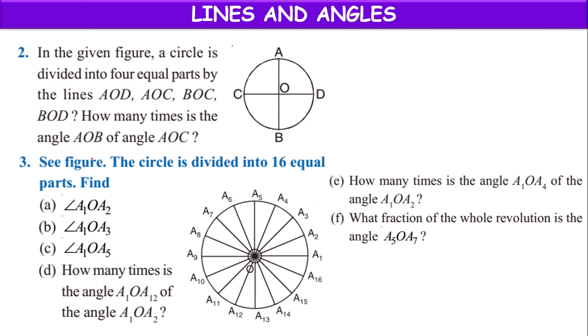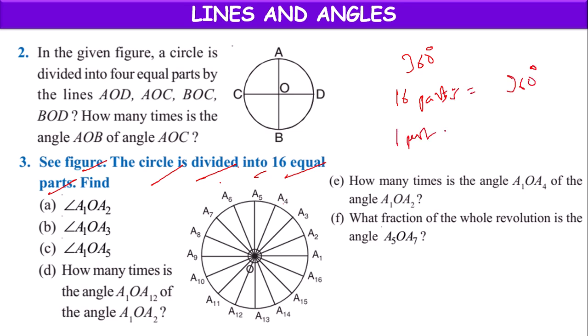Next one. See the figure. Circle is divided into 16 equal parts. Then find the values. Total value is equal to 360 degrees, and the circle is divided into 16 parts. 16 parts equal 360 degrees.